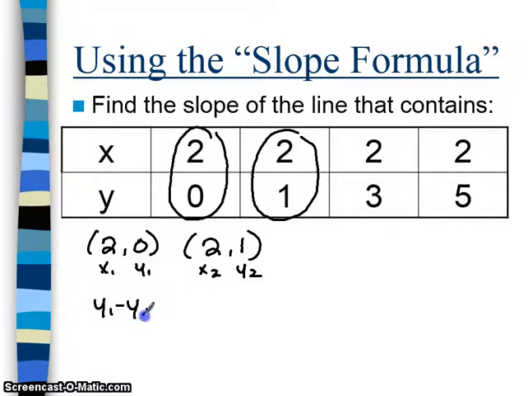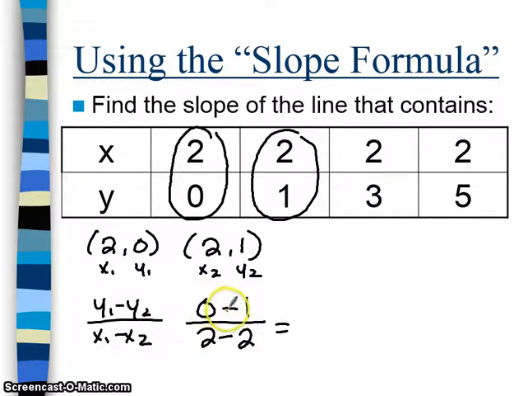Substitute them into the slope formula. y1 is 0 minus y2, which is 1, over x1, which is 2, minus x2, which is 2. So we get 0 minus 1 is negative 1 over 2 minus 2, which is 0.